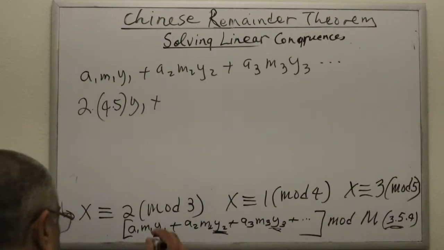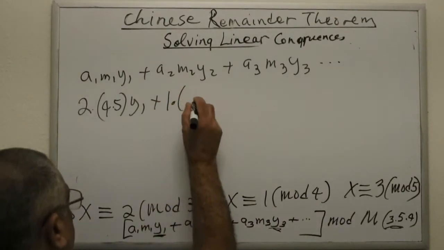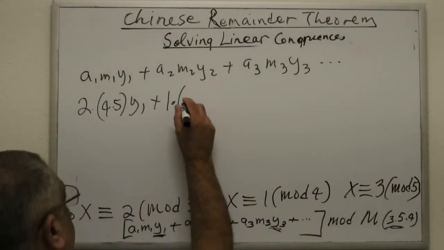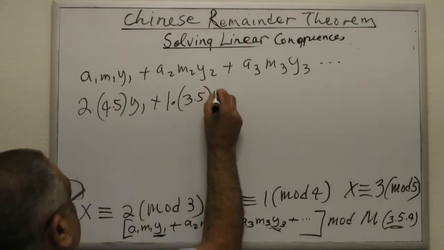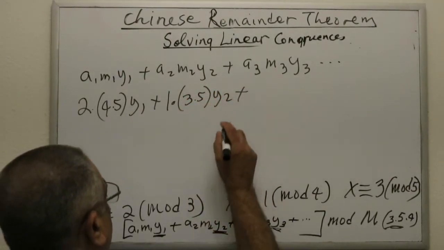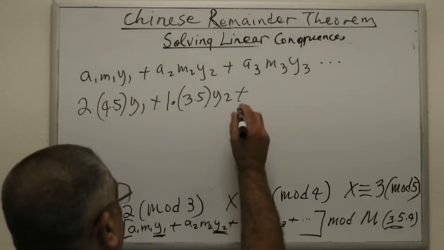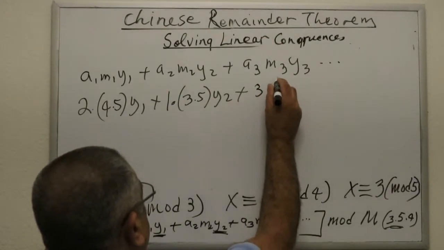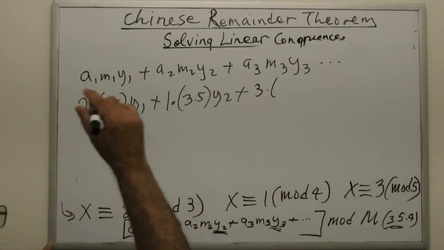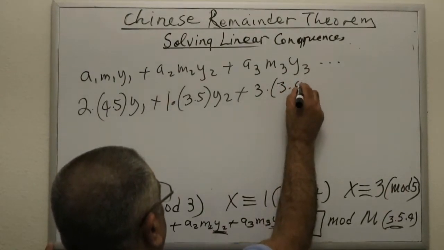And A2 is actually 1 times, and this would be 3 times 5. And that's Y2. Now, A3 is 3 there. So A3 is actually 3. So that would be 3 times, and in this case it's 3 times 4.